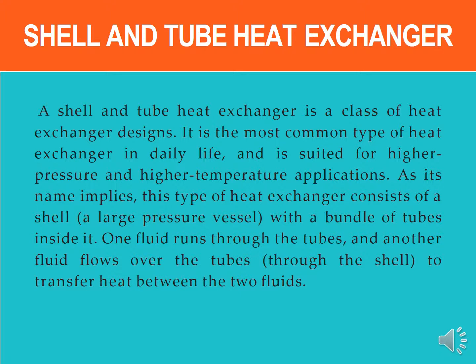It is the most common type of heat exchanger in daily life and is suited for higher pressure and higher temperature application. As its name implies, this type of heat exchanger consists of a shell, a large pressure vessel with a bundle of tubes inside it, as you can see in the diagram before. One fluid runs through the tubes and another fluid flows over the tubes, which is through the shell, to transfer heat between the fluids.